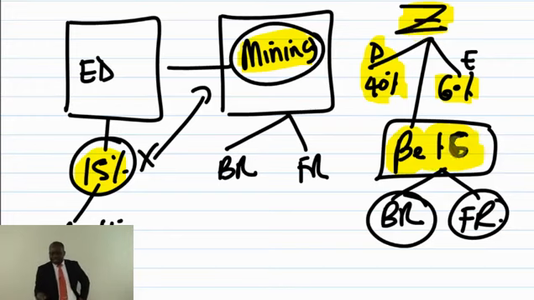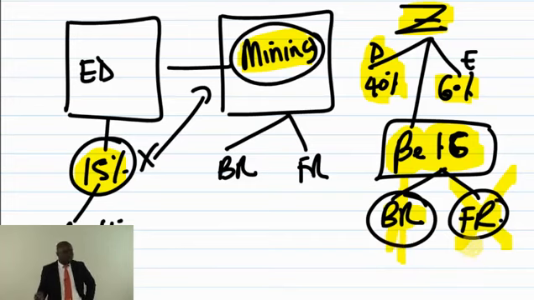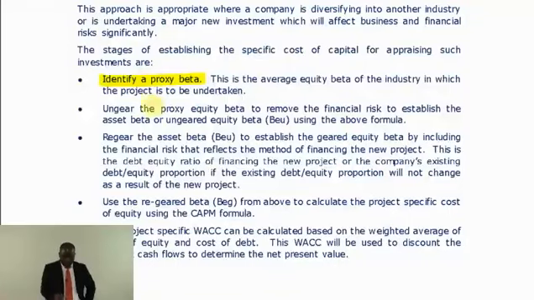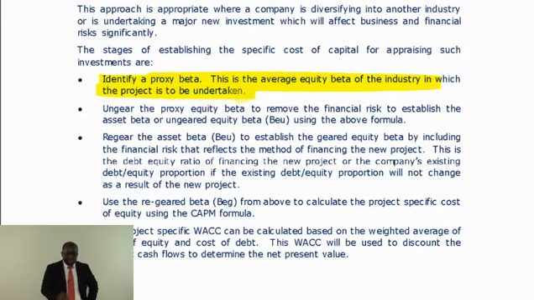So when I pick Z beta and it is geared, which is measuring both this and that, I have to take out this financial risk in order to have only the business risk. The process of you removing the financial risk is what is called ungearing. So when you pick the proxy beta, that's what they've done here for you. When you pick the proxy beta, ideally it should be the industry average.